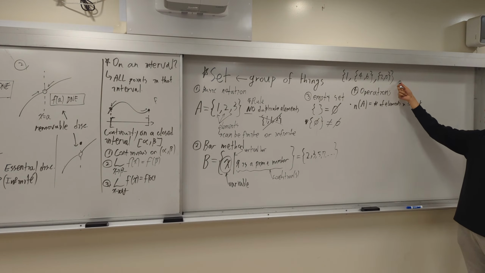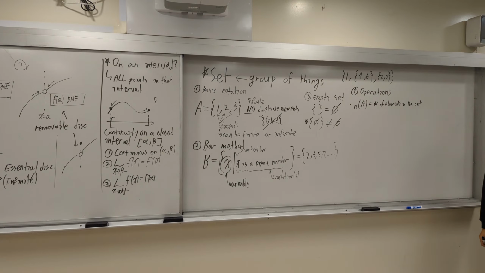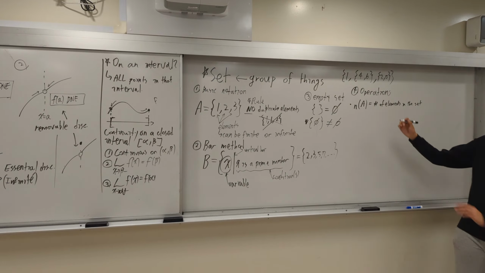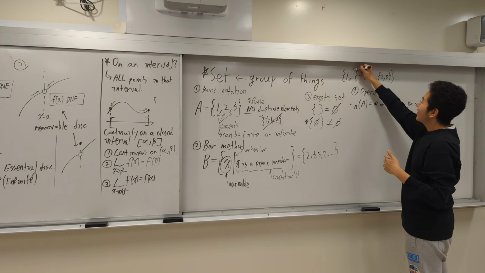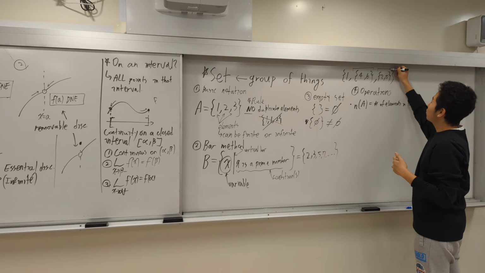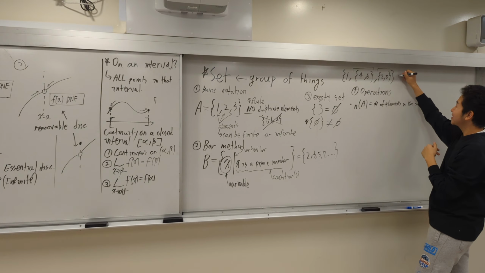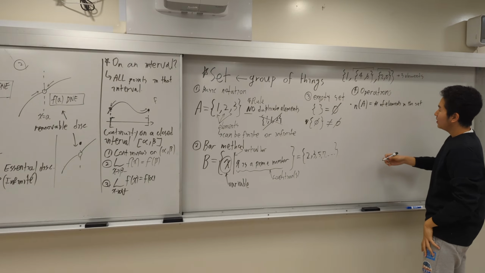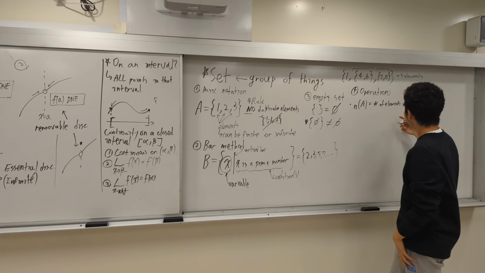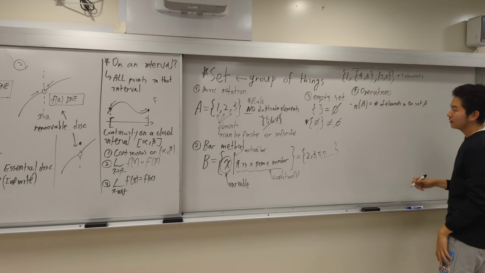So what would be the number of elements in this set? 3, right? Because remember, this whole set is one element, and this whole set is one element when you look at the full big set, right? So this has 3 elements. So n(A) means the number of elements in the set A.